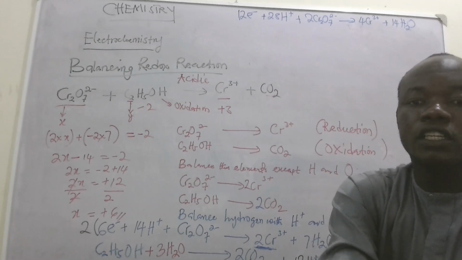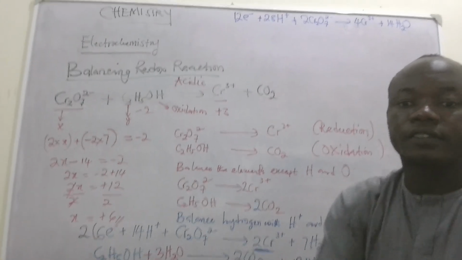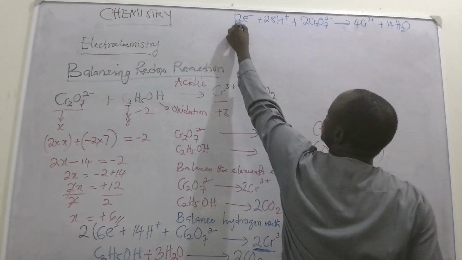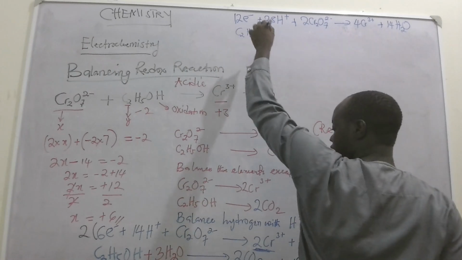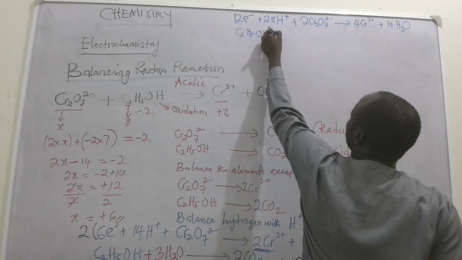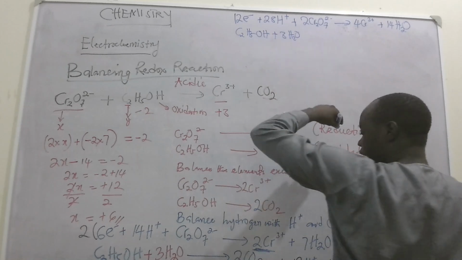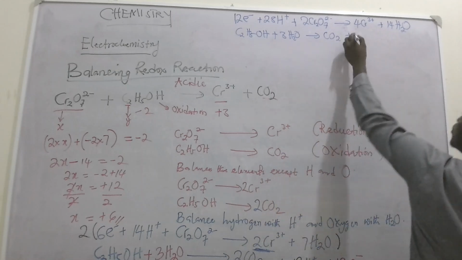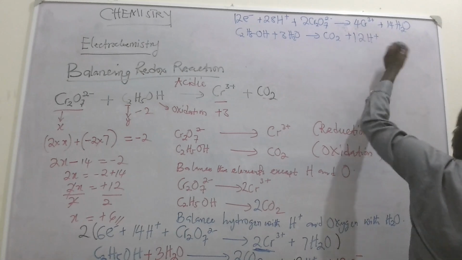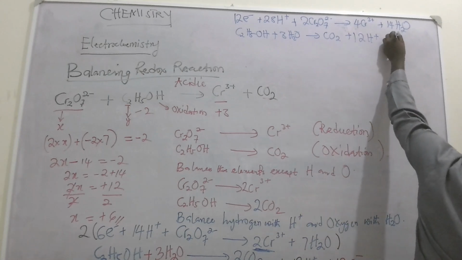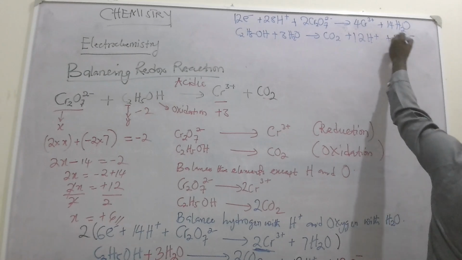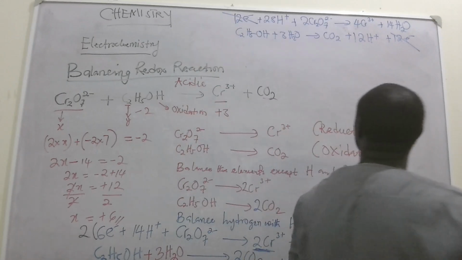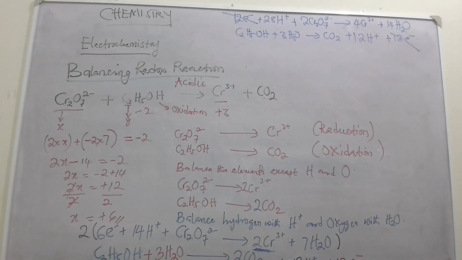Now the next thing is to take the oxidation reaction, which is C2H5OH plus 3 molecules of water, which gives us CO2 plus 12 hydrogen ions plus 12 electrons. So these 12 electrons will cancel each other. Then let's look at the water molecules.